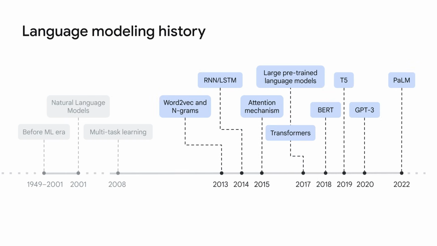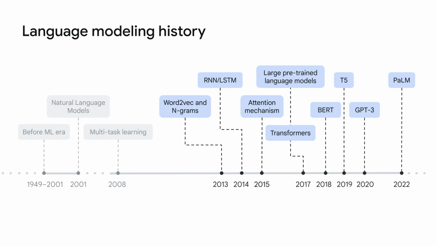Language modeling has evolved over the years. The recent breakthroughs in the past 10 years include the usage of neural networks to represent text, such as word2vec and n-grams in 2013. In 2014, the development of sequence-to-sequence models, such as RNNs and LSTMs, helped improve the performance of ML models on NLP tasks such as translation and text classification.